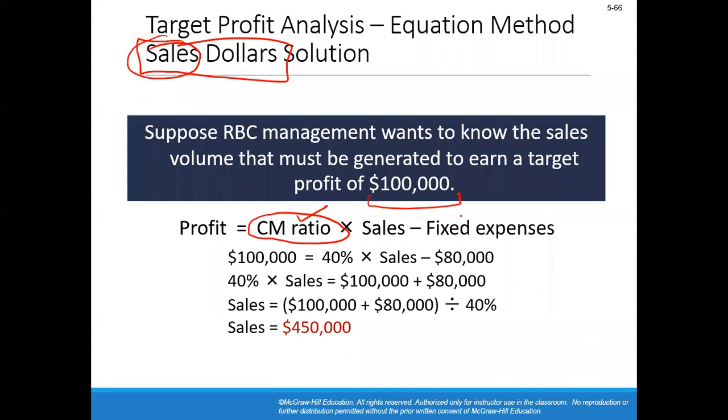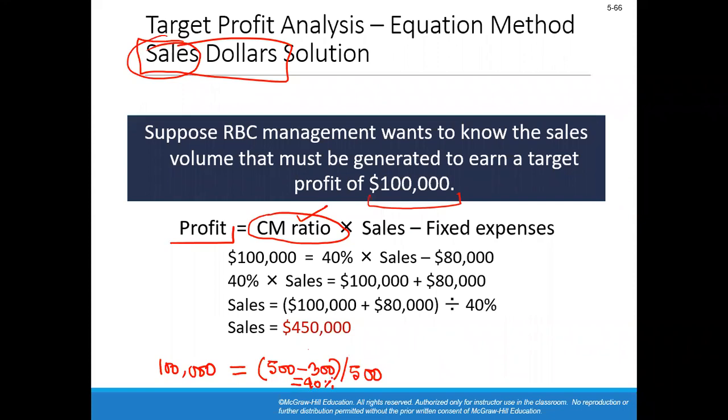So we like to know, for achieving 100,000 profit, this is our target profit, this one. And our contribution margin, if you can recall, if our selling price is 500, variable expense is 300, and if I divide this per unit contribution margin 200 by our selling price, we would get 40%.